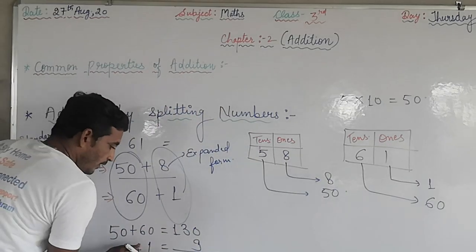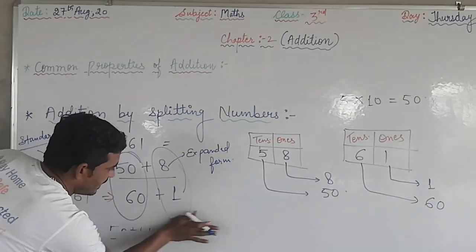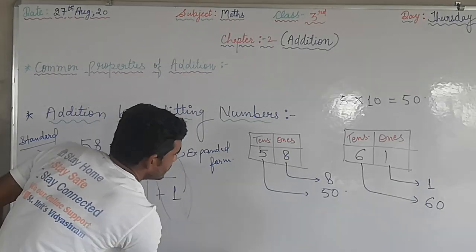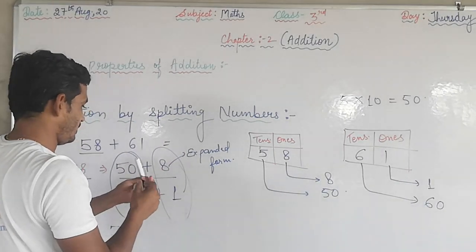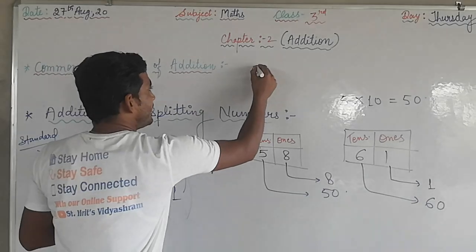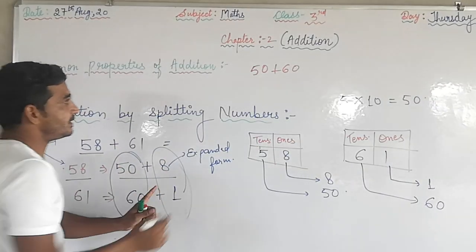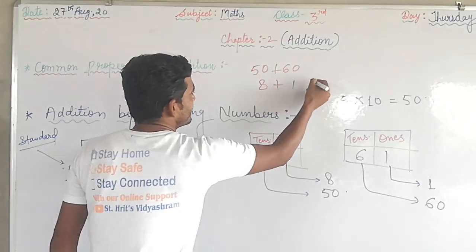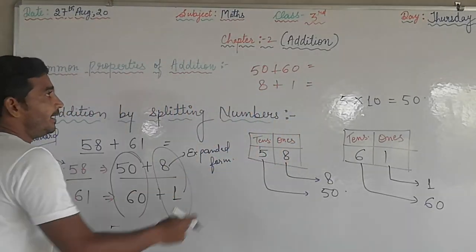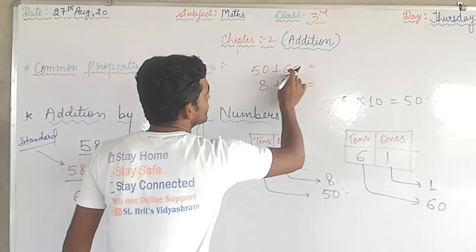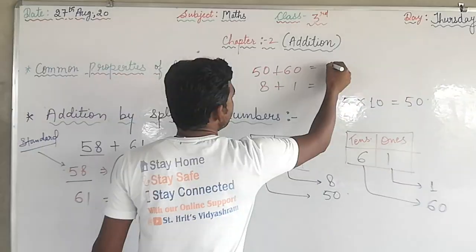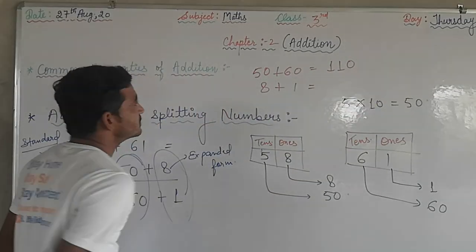You are not able to see this one? I write the same thing above. 50 plus 60, you add this separately and 8 plus 1 separately. 50 plus 60 means 5 plus 6, 11, that is 110.